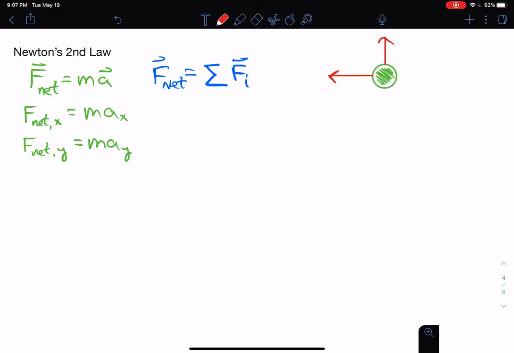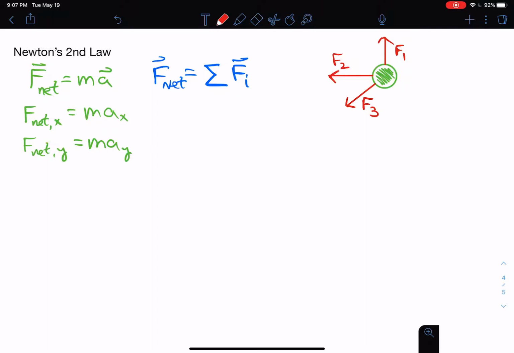And we'll also have a third force that's acting at an angle. And then we need to label these. We'll be talking about all sorts of different forces, but for now I'm just going to give them generic labels. So this will just be F1, F2, and F3.